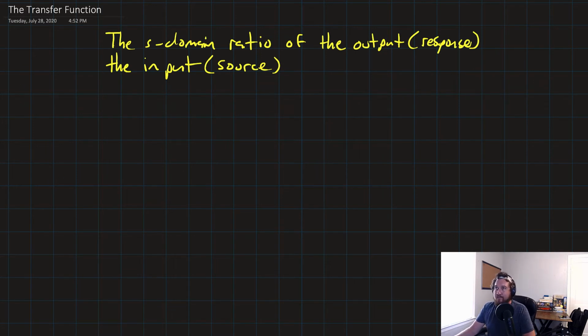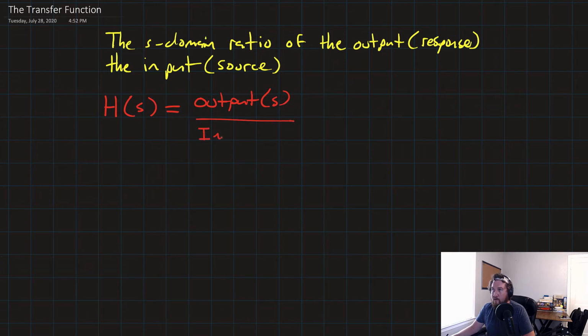Now, we write this function as a capital H to represent our transfer function, and we'll say H is a function of S. It's whatever our output is, Y as a function of S, over the input, X as a function of S.